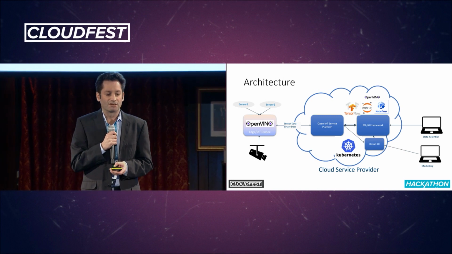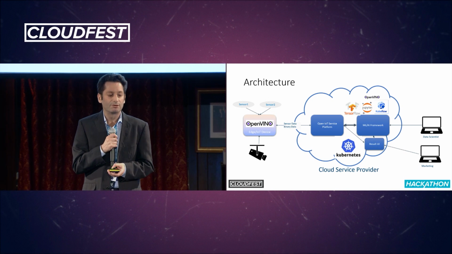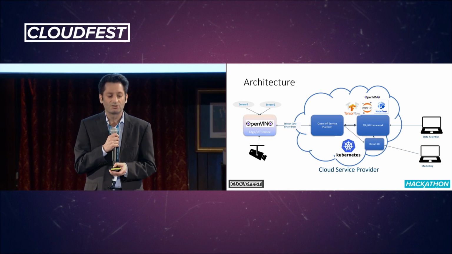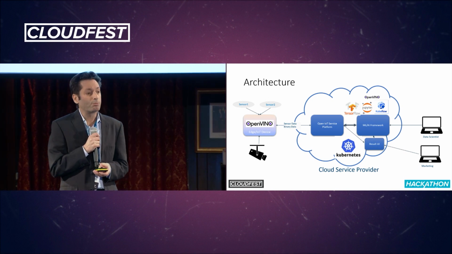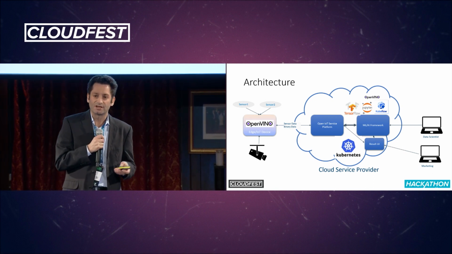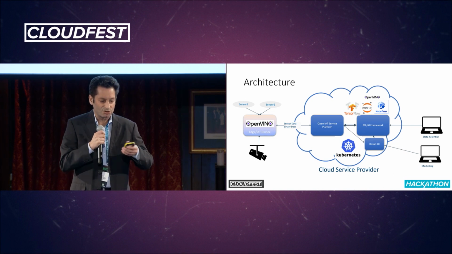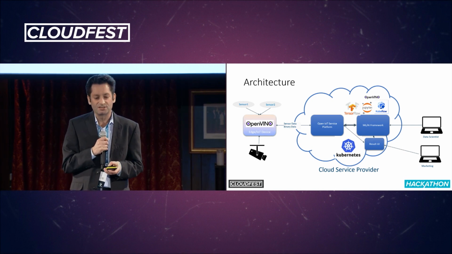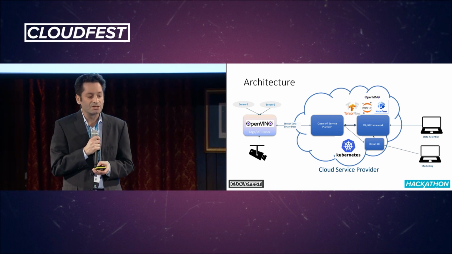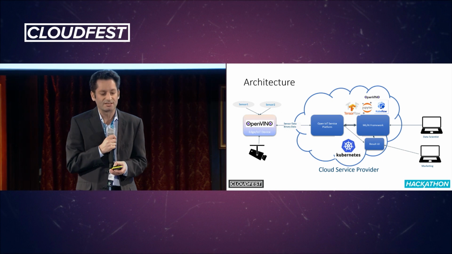This was getting the streams, analyzing them, cutting out, and sending only the information which is relevant to the cloud, using the OpenIoT service platform, which has also been developed at this hackathon 2 years ago as a way to manage devices. It's also an open source framework to manage devices, to connect them securely to the cloud, and also give access then to the cloud services to these devices.